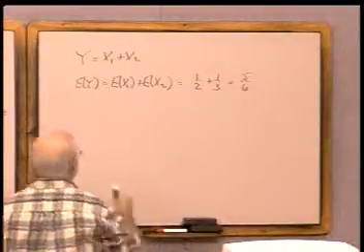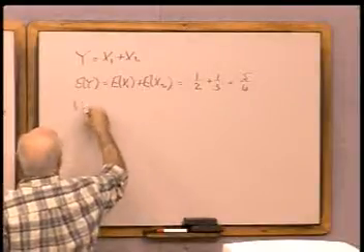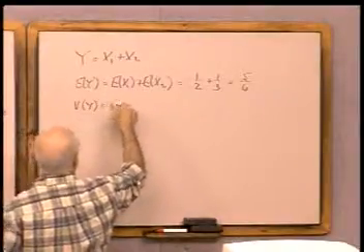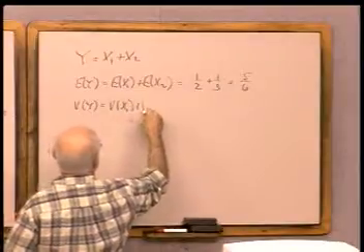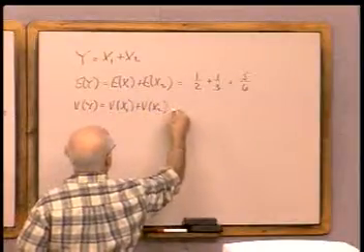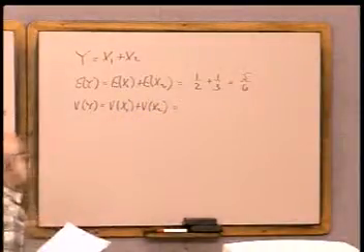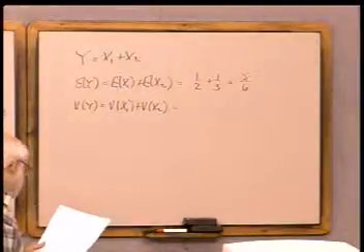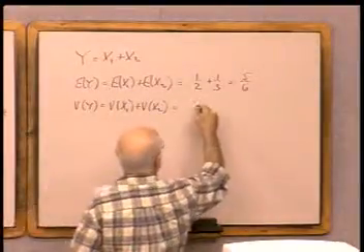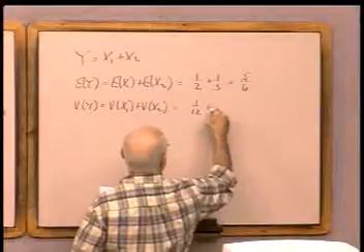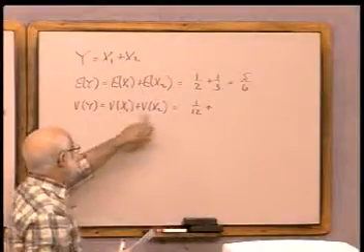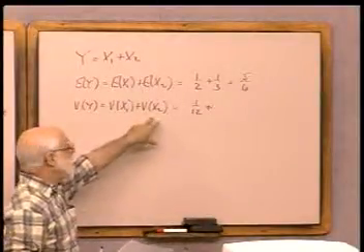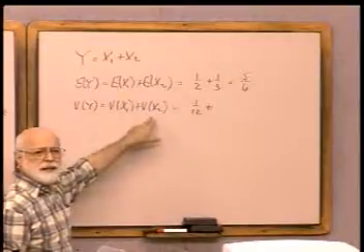Then you had to calculate the variance. And that's the sum of the variances. Now, you already calculated the variance of case number 1. It was 1/12. And so now you calculate the variance for the second one, same kind of thing. It turned out to be, what was it, 1/18th?